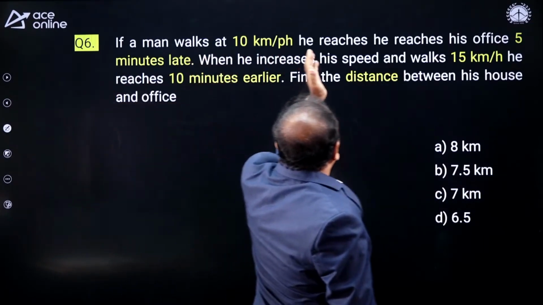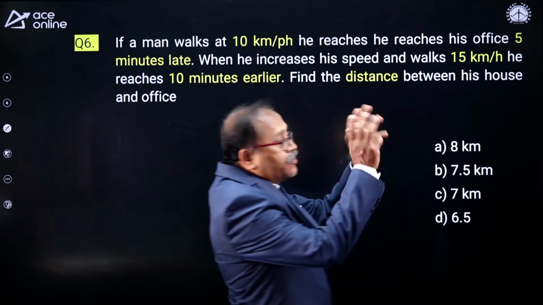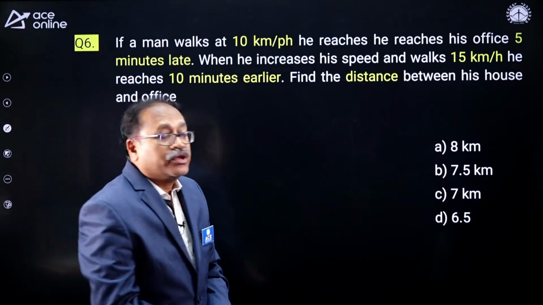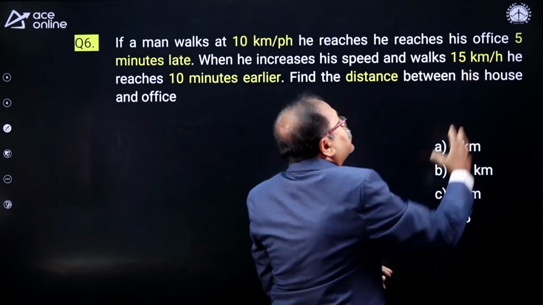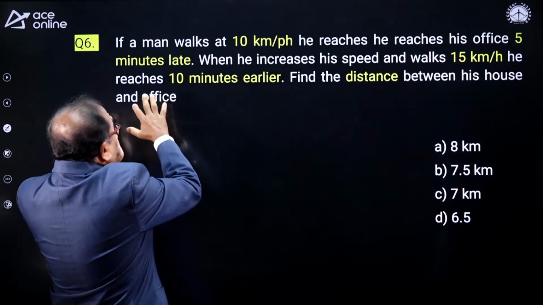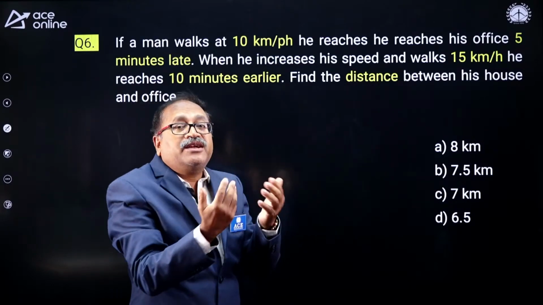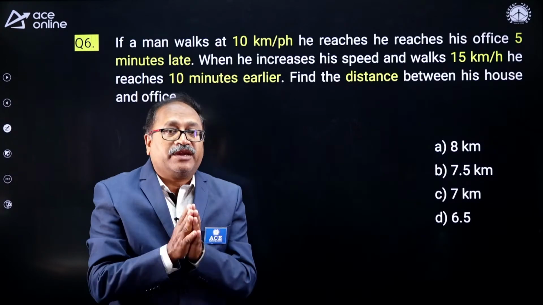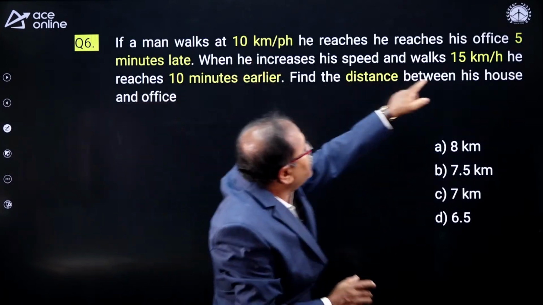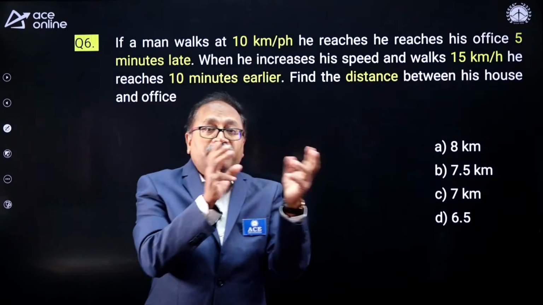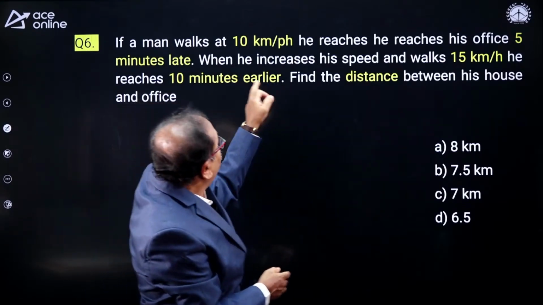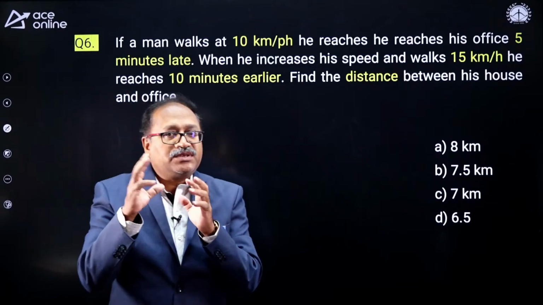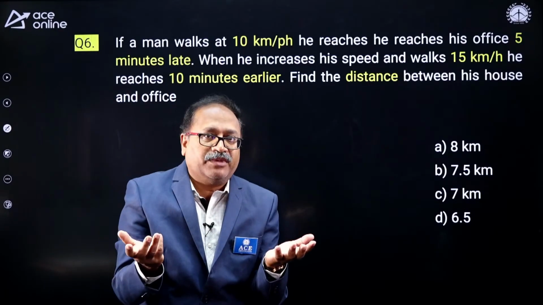When he increases his speed and walks at 15 km per hour, he reaches 10 minutes early. If suppose my office time is 10 a.m., here I am late by 5 minutes, so I am reaching at 10:05. Now I am reaching 10 minutes early, that means 9:50. The difference of time is 5 plus 10, which is 15 minutes.